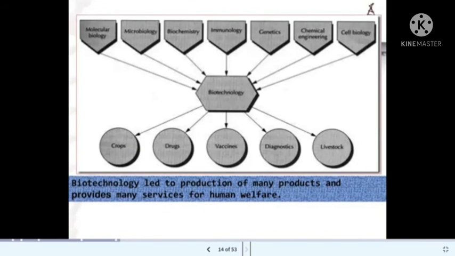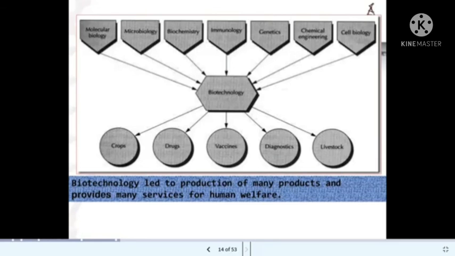Another thing is biotechnology products. What we are getting out of biotechnology has multiple uses. From microbiology, biochemistry, immunology, genetics, chemical engineering, cell biology, all these processes are involved in biotechnology.